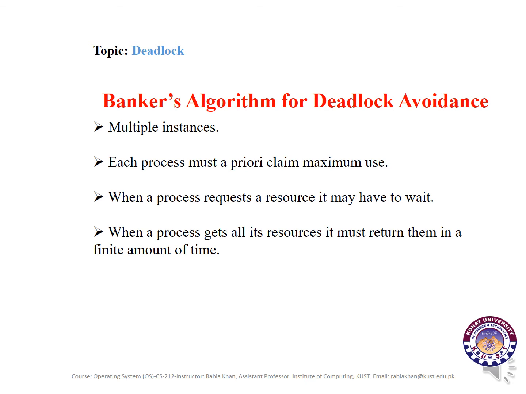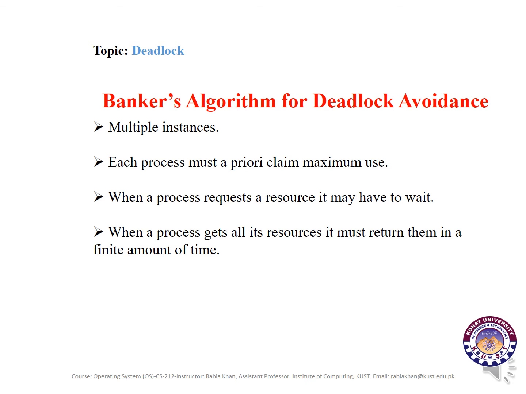It is also known as Banker's algorithm. This algorithm works for multiple instances of resources. It is required for every process to declare in advance the maximum number of resources it would require.